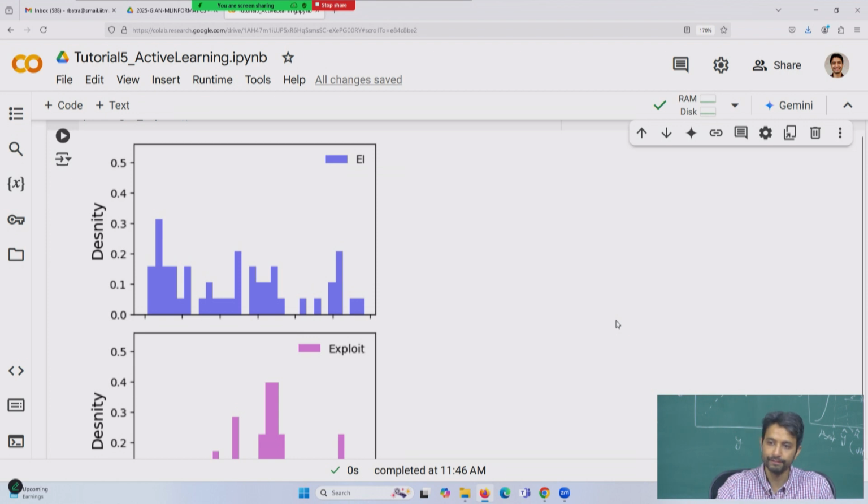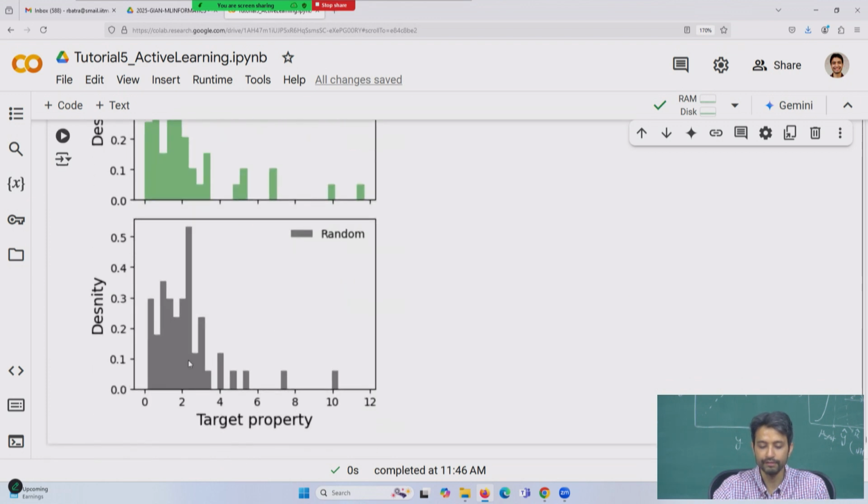You can compare the efficiency across all four using the same thing, but the most efficient method would have been just using expected improvement alone. Why waste your effort on random search? If you see, random search is almost always giving low band gap. So we are wasting our effort if we use random search as part of the experiment.